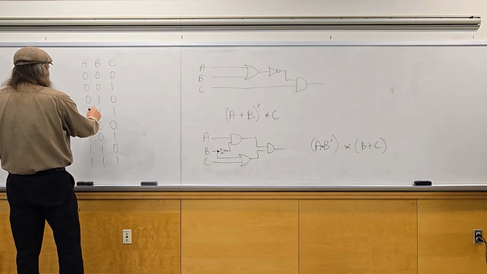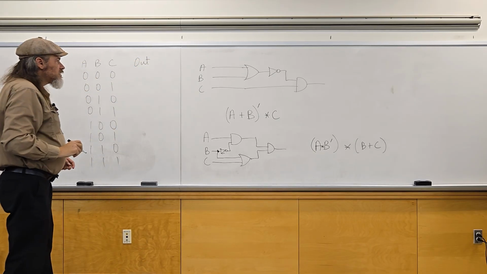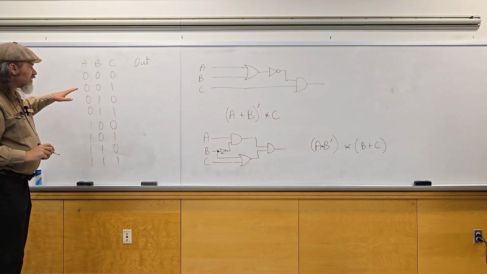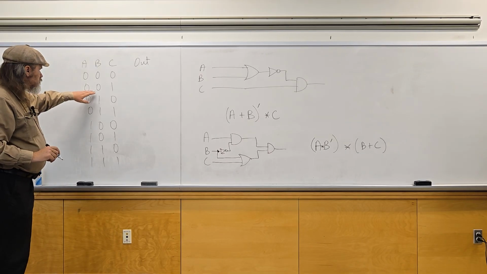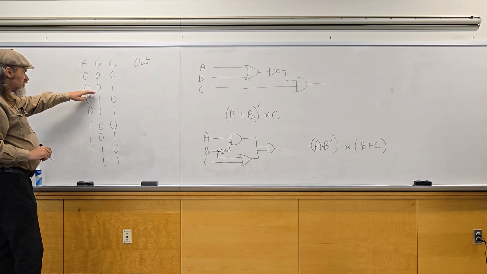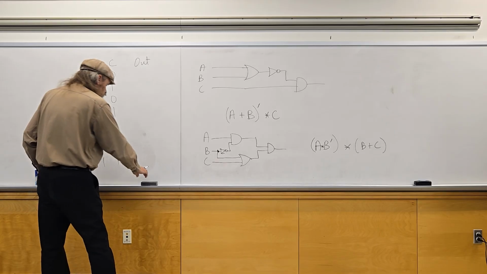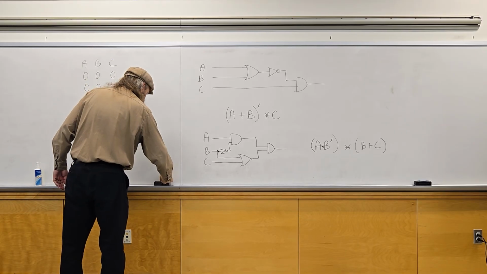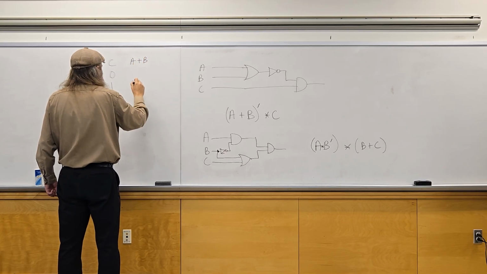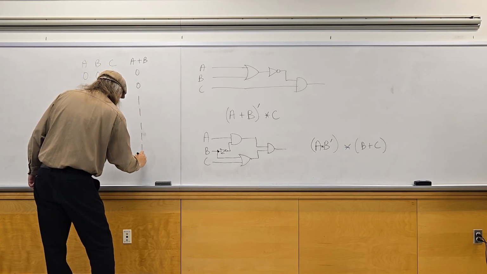That's here, that's 4, okay. And you're out. So, I'm sorry, A ORed with B is going to be 0, 0, and then 1s all the way down. So we'll go A or B, 0, 0, 1, 1, 1, 1, 1, 1.